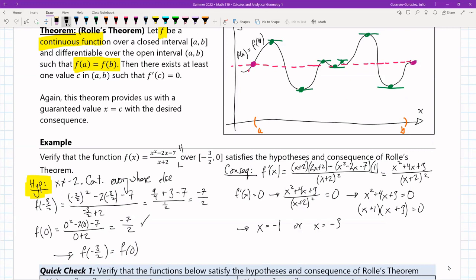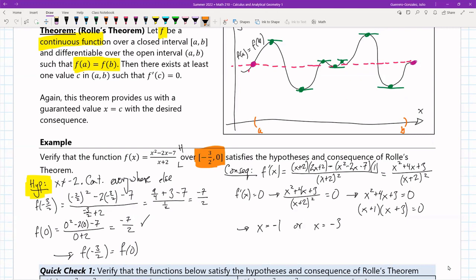And we are done. And here's why. The consequence of Rolle's theorem says that we are guaranteed a value inside here. We are guaranteed a value inside of the interval from -3/2 to 0.